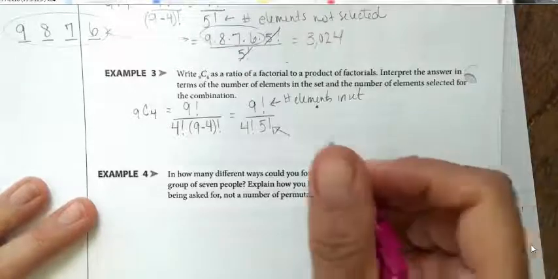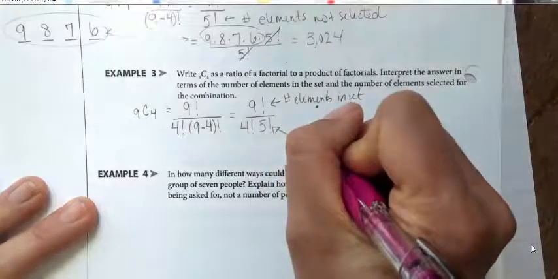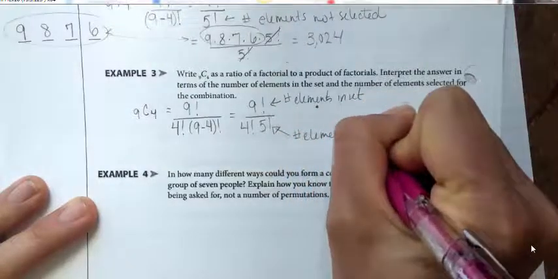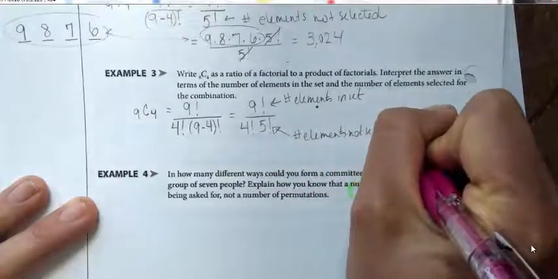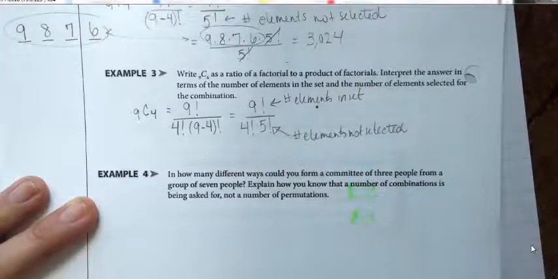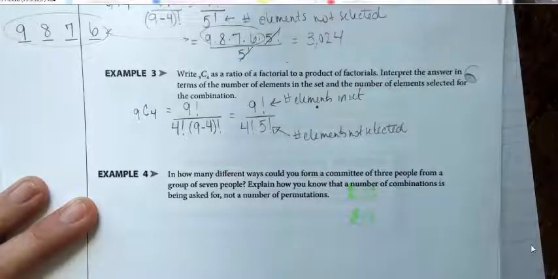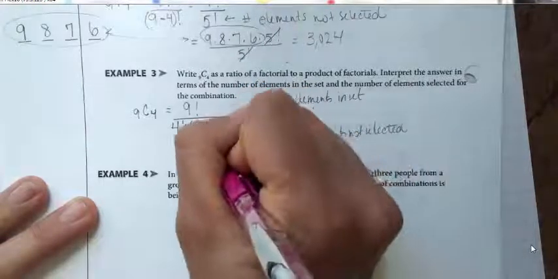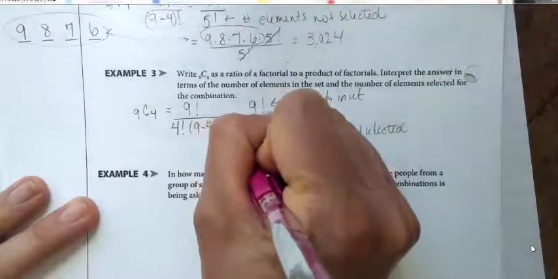Okay, this is the 5, the elements that were not selected. And then this one right here is the number of elements that were selected. Oops, I'll put number.